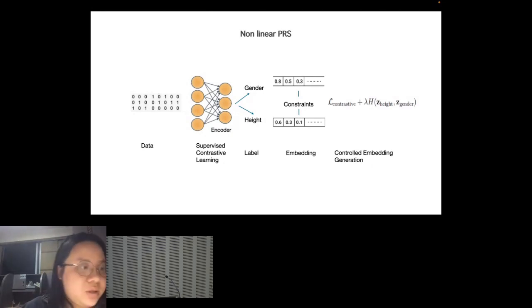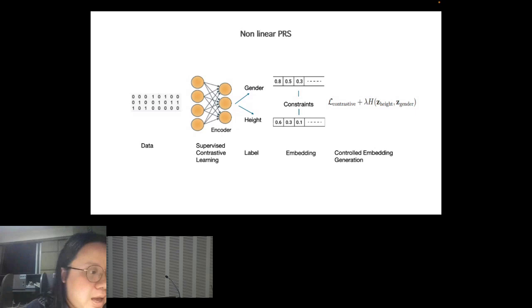And the input, definitely, is the GWAS summary data, noted as 0, 1, 0, 1. And then it is input to the two autoencoders, using gender and height labels separately to get two kinds of encoders and two different representations. So we can call them the gender representation and the height representation.